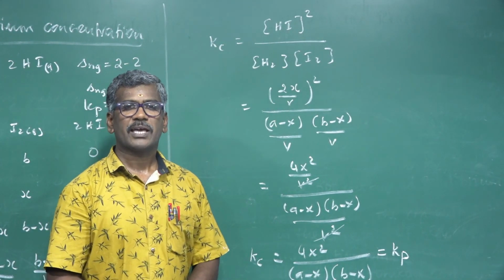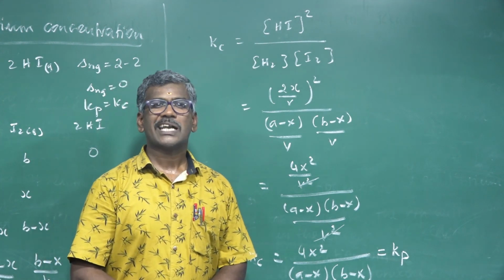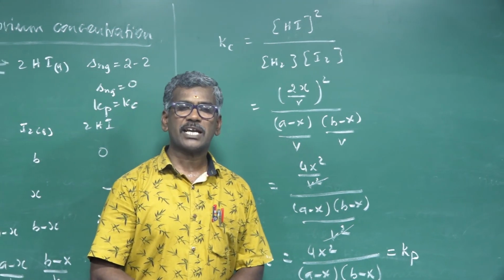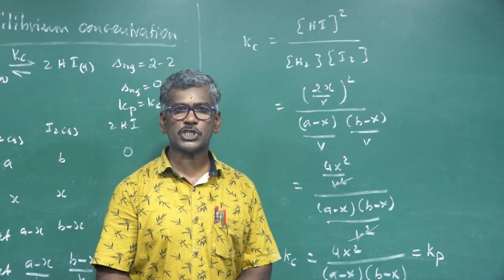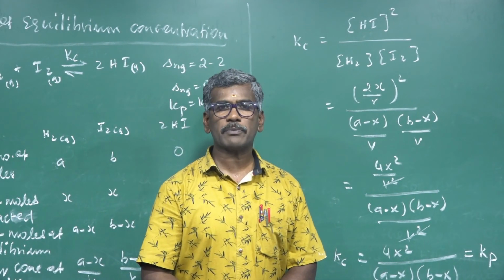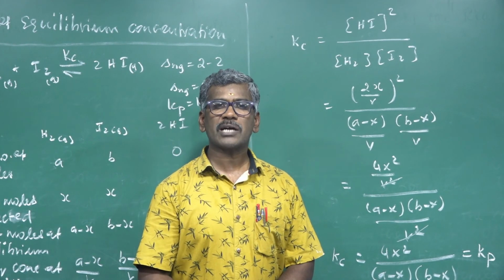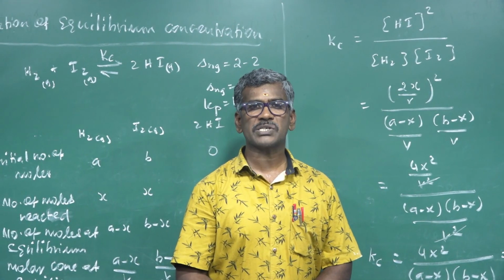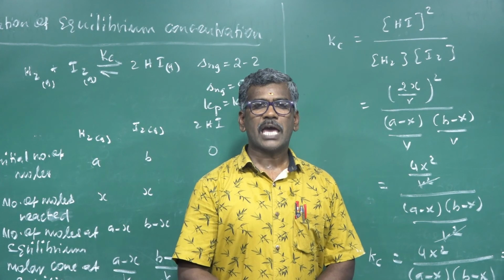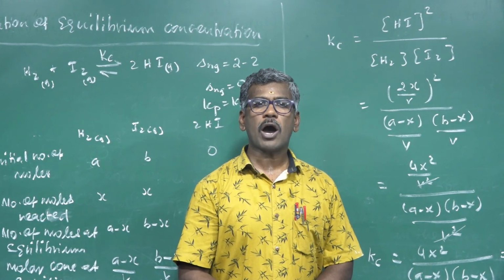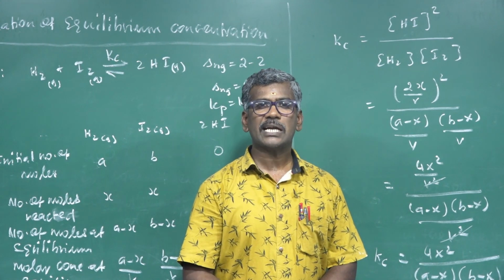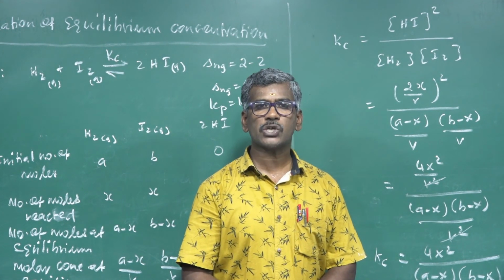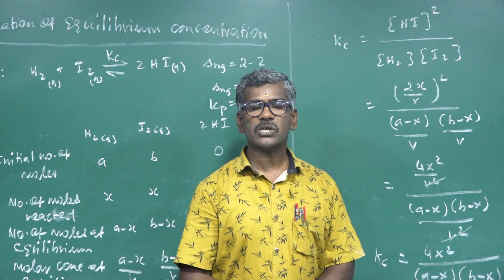Let us recap the relation between Kp and Kc. Kp is the equilibrium constant in terms of partial pressure and Kc is the equilibrium constant in terms of molar concentration of reactant and product. Kp equal to Kc into RT to the power delta Ng. Here there are three conditions: delta Ng equal to 0, delta Ng positive, and delta Ng negative.